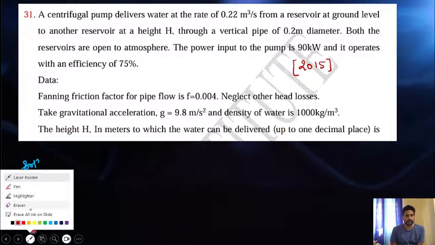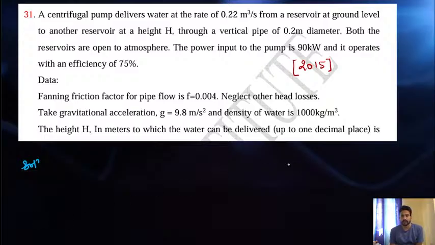Okay, let's make the diagram first. Very simple, only a vertical pipe is there. This is my ground level.